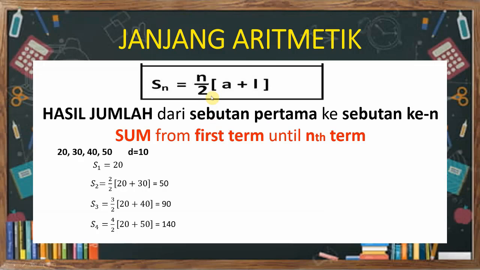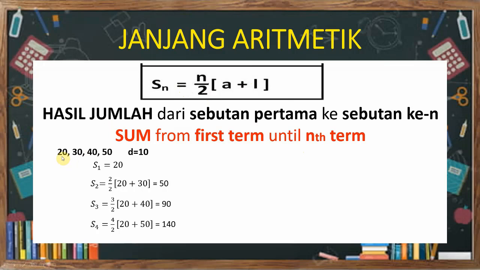This formula is easier: Sn equals n over 2 times (a plus l). What is l? l is the nth term. If you have the first term and the last term together with n, you can use this formula.